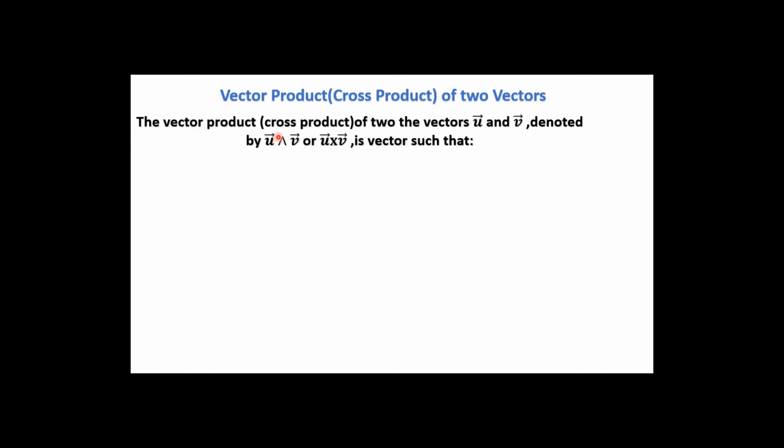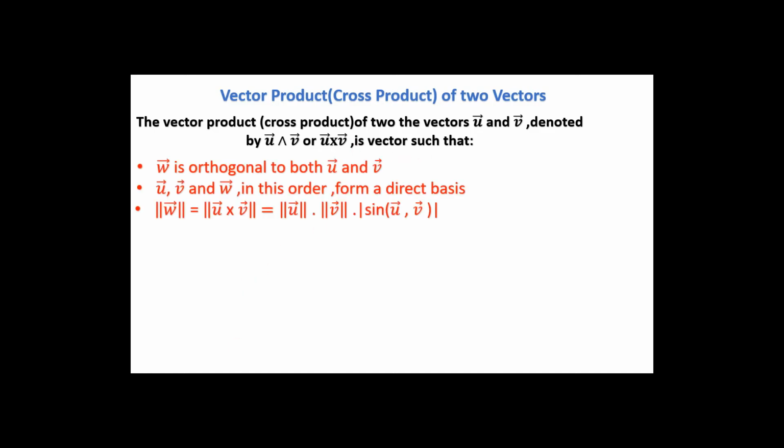Vector product, cross product of two vectors. The vector product, cross product of the vectors u and v, denoted by u cross v, is vector w such that vector w is orthogonal to both vector u and vector v.